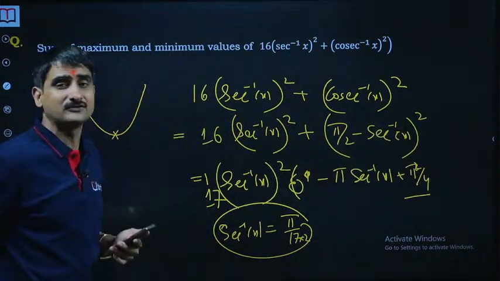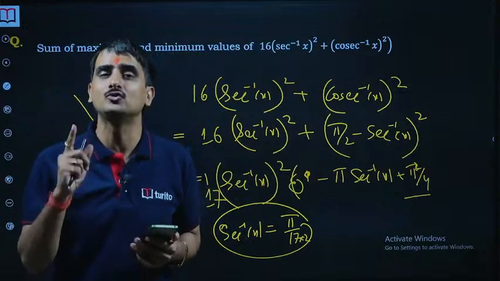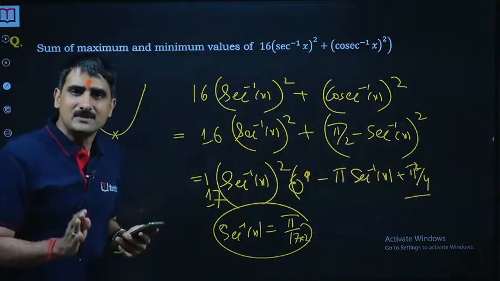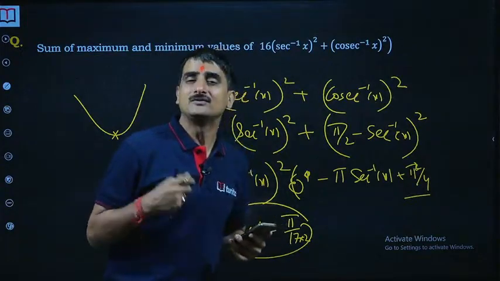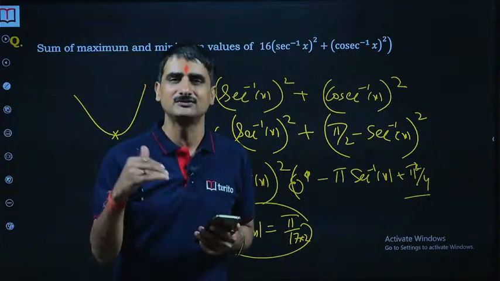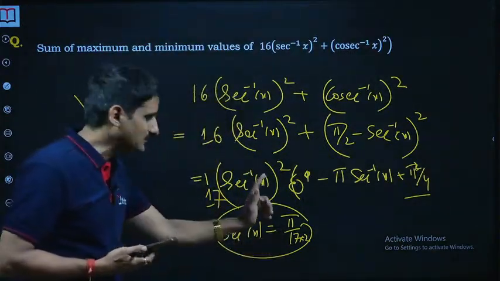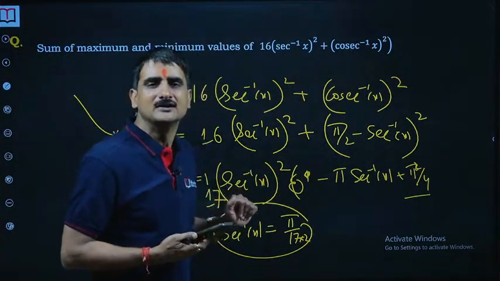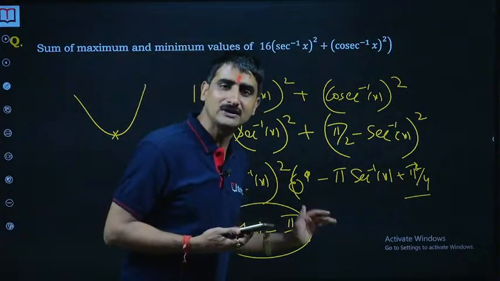You remember the vertex of a quadratic ax square plus bx plus c is at x equal to minus b by 2a to get the minimum value. Now what's the range of sec inverse x? It matches the cos inverse range, that is 0 to pi except pi by 2. So it lies between 0 and pi, and you will get the minimum value when sec inverse x is pi by 34. So put the value here and you get it.